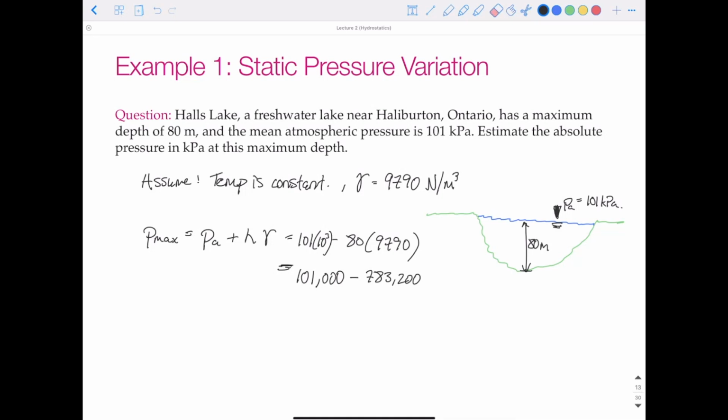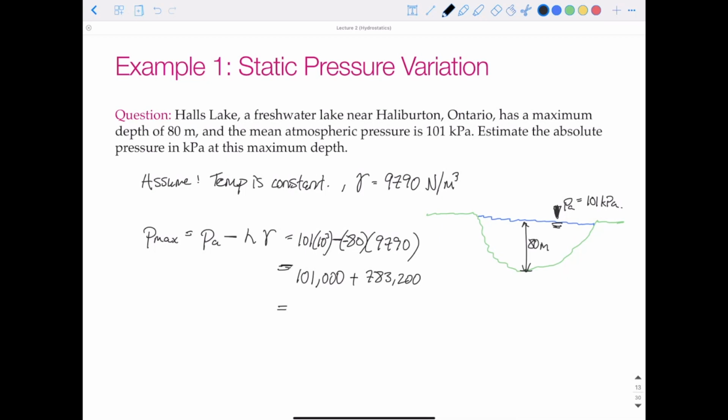I think I wrote the equation wrong. So it's minus h times gamma, and h is in the negative z direction, so it's minus 80. So this should end up being a plus. As we go down, we're increasing that pressure. To me, that's easier to remember than this convention.